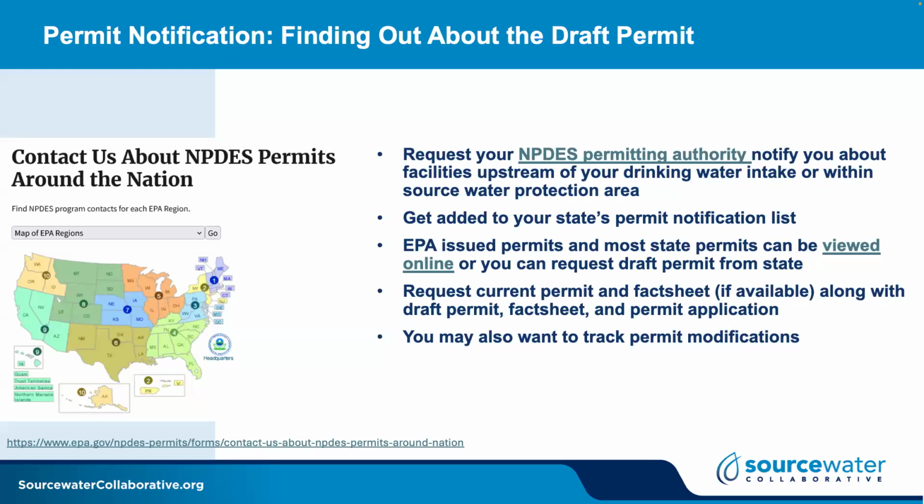In addition, when you're requesting these draft materials, you also want to be comparing what's being drafted to what's currently on the books with the current permit, as well as the fact sheet associated with that permit. And in addition to tracking permits that are coming up for renewal, you might also want to be tracking permit modifications as well, which there are several things that can trigger.